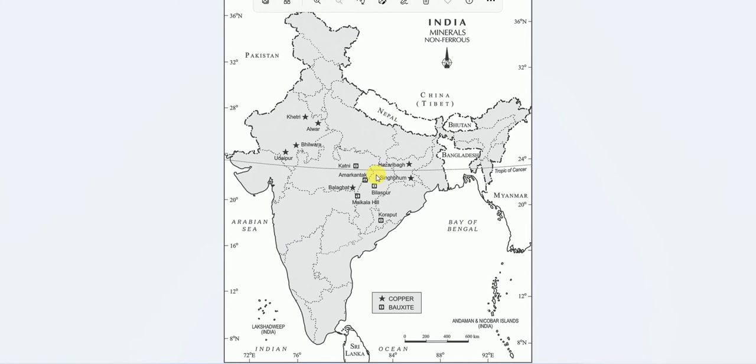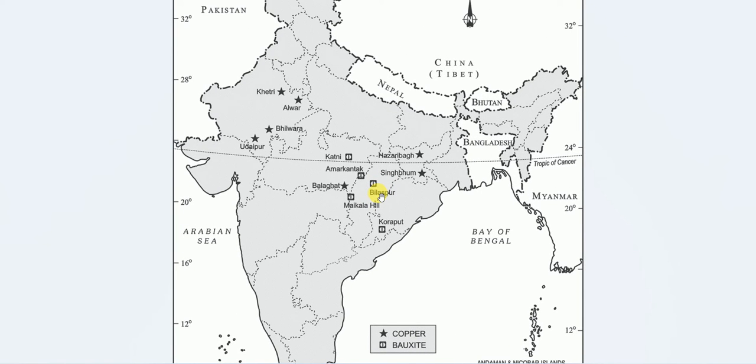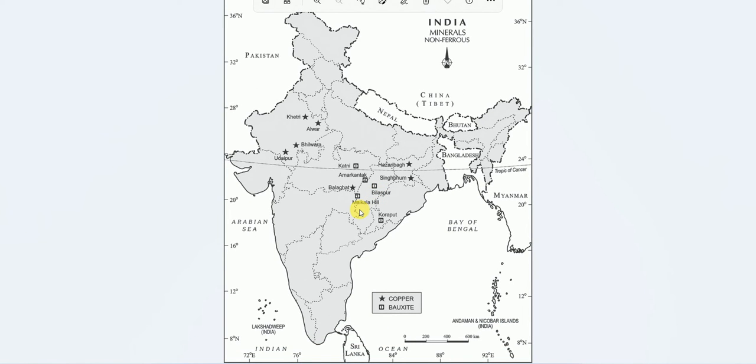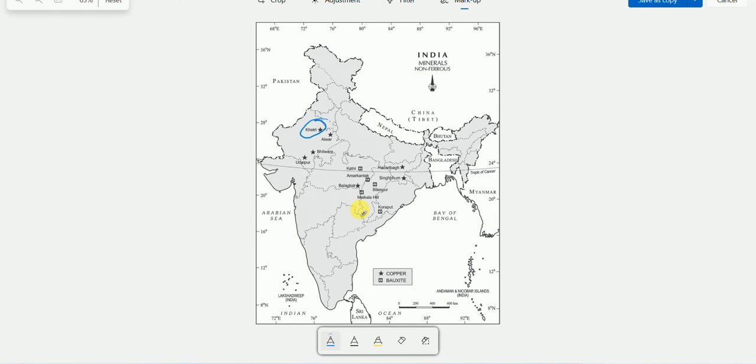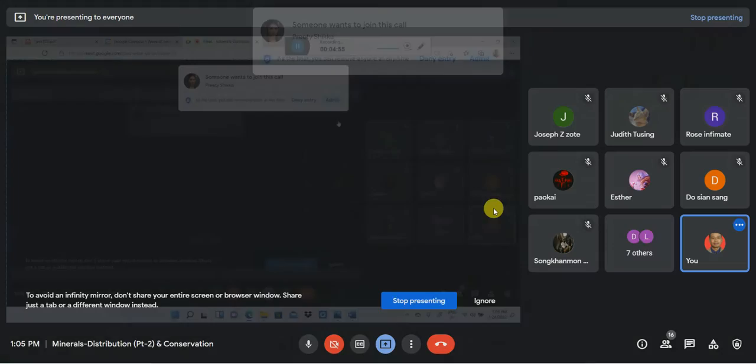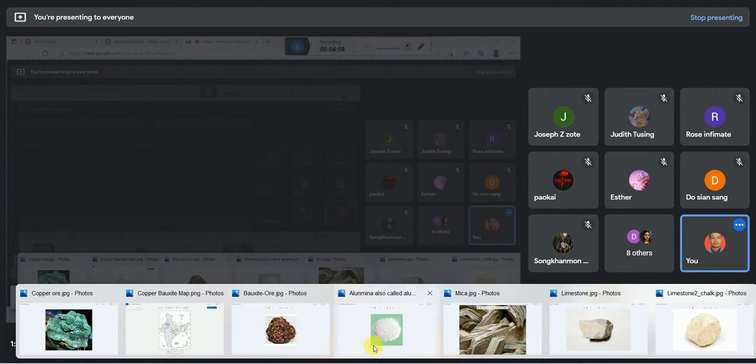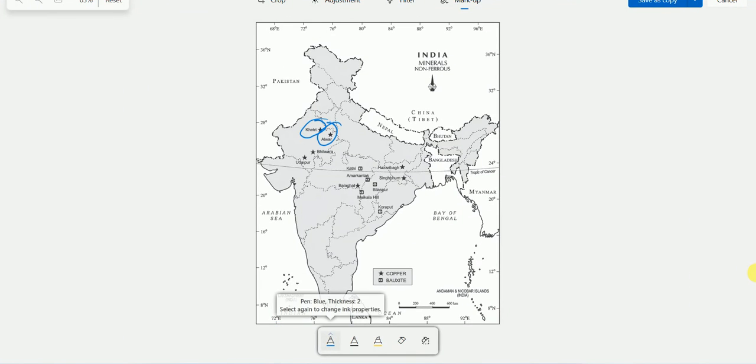This map shows the distribution of copper and bauxite. The star represents copper. Let's see here: Khetri, Alwar, Bhilwara, Udaipur, then Balaghat, and here Hazaribagh, Singhbhum also.